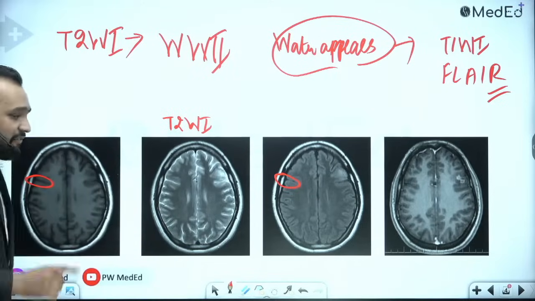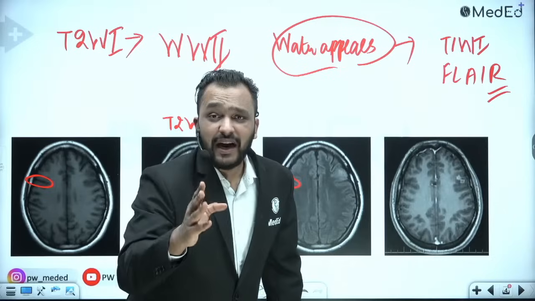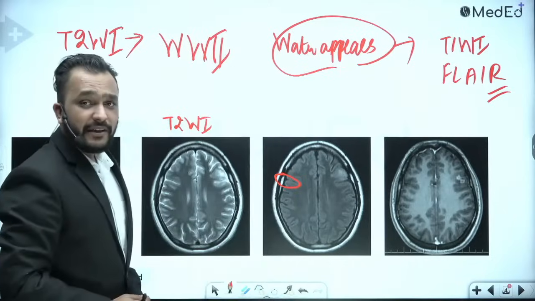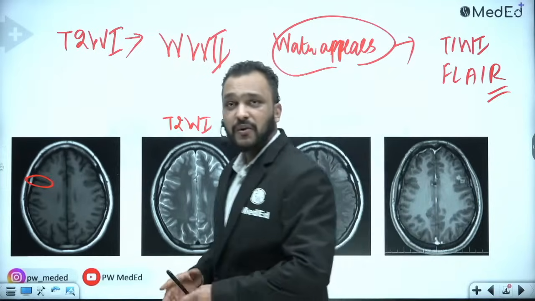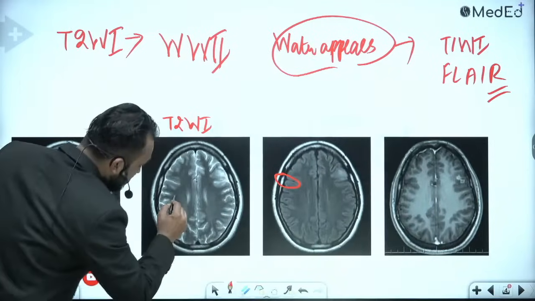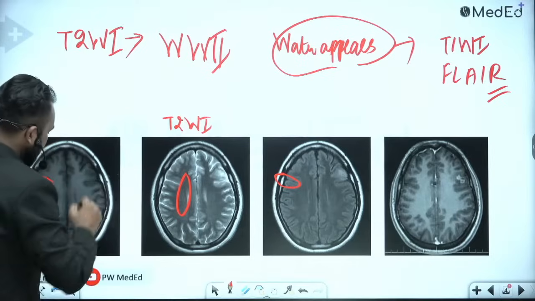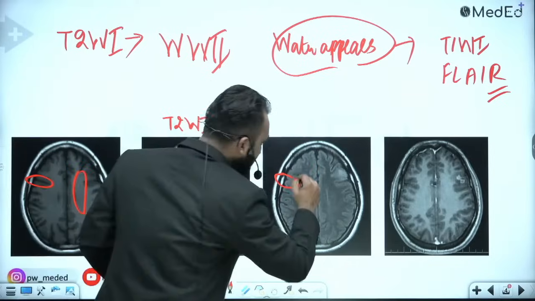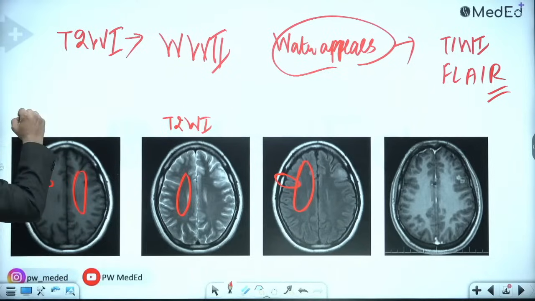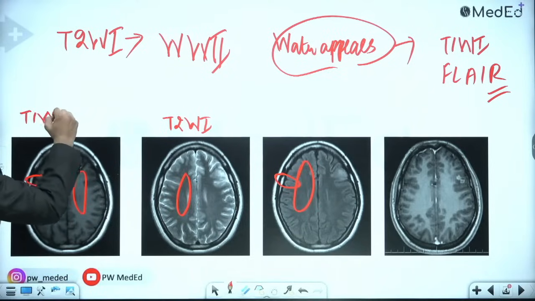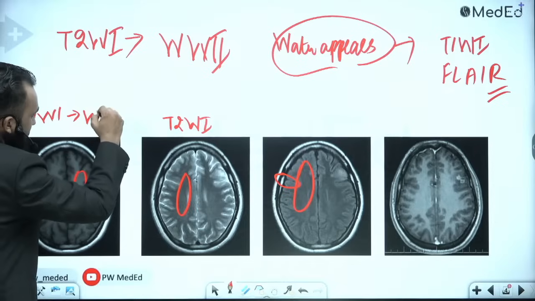I will tell you. Guys, look at the white matter. Till now you must not have been looking at the white matter. Now you will look at the white matter. You will see that on a T1 weighted image, white matter is white.